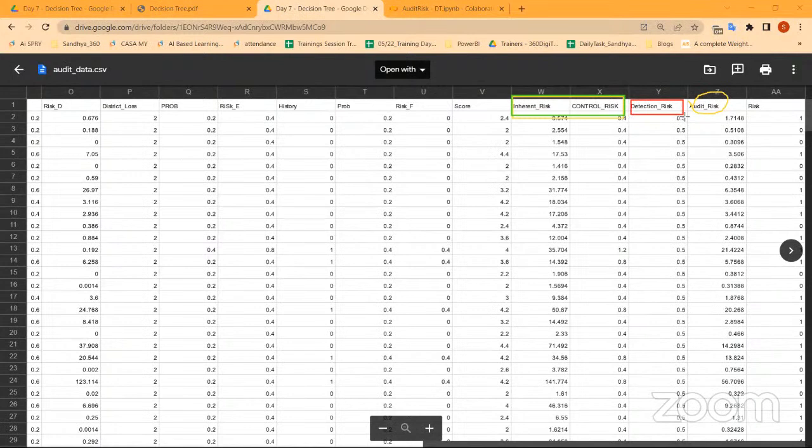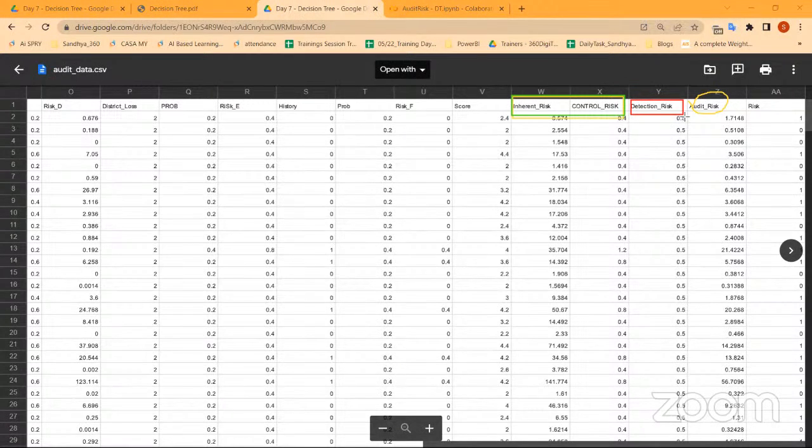This work is performed to prove the existence of the inventory, and if the auditor's test sample for the inventory count is insufficient and is extrapolated to the entire inventory, the detection risk might get higher in this case. So this is about the detection risk, friends.